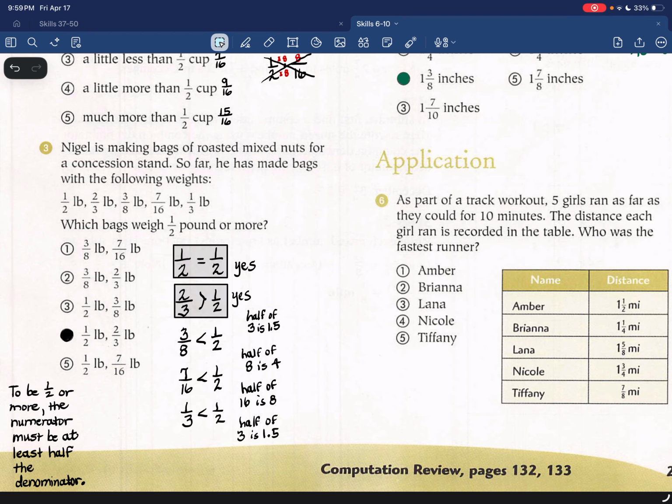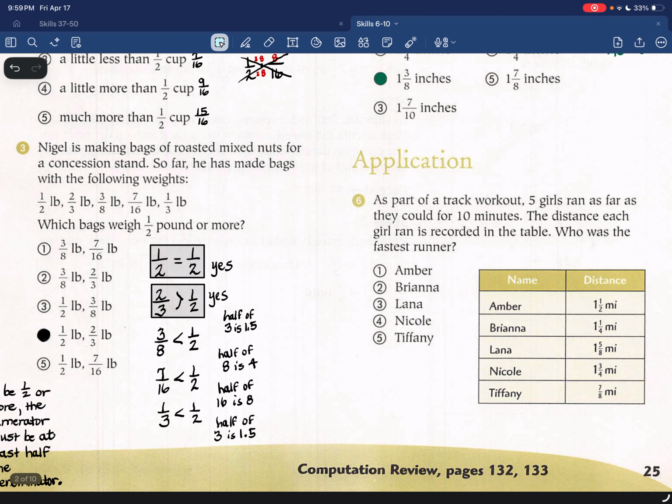All right. So we have 1 1/2, 1 1/4, 1 5/8, and 1 3/4 as mixed numbers. And then we have Tiffany, who ran 7/8 miles. Now, Tiffany ran further than I could, but she did not run as far as the other 4 girls.